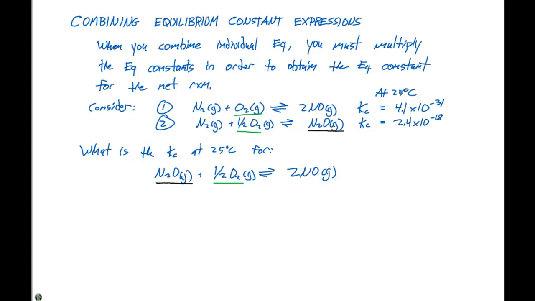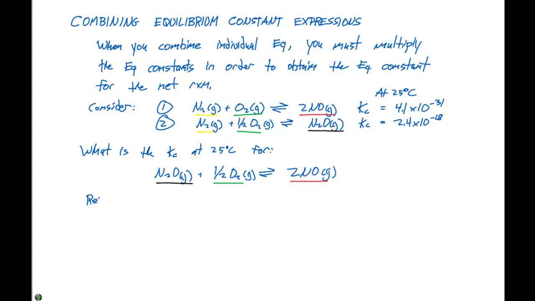The NO gas shows up here and also here, both as a product. The nitrogen only shows up in the first two equations, and that indicates to us that it will be an intermediate.